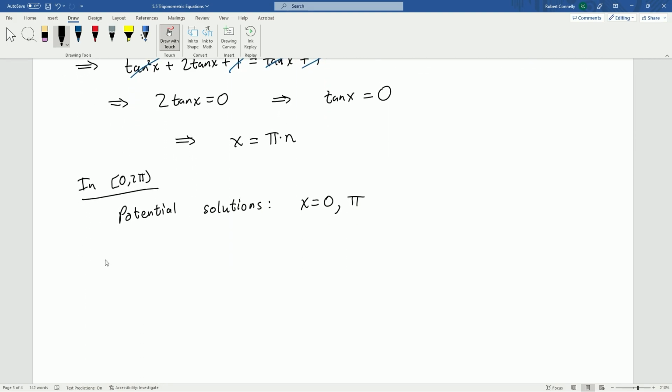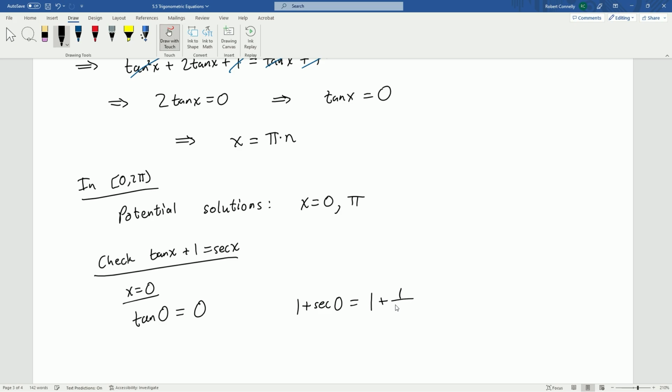So we check tangent of x plus 1 equals secant of x. And we'll start with x equals 0. Well, tangent of 0 equals 0. And 1 plus secant of 0 equals 1 plus 1 over cosine of 0.